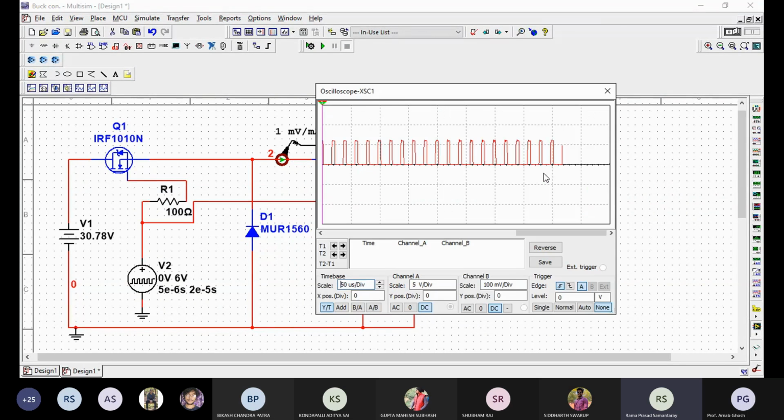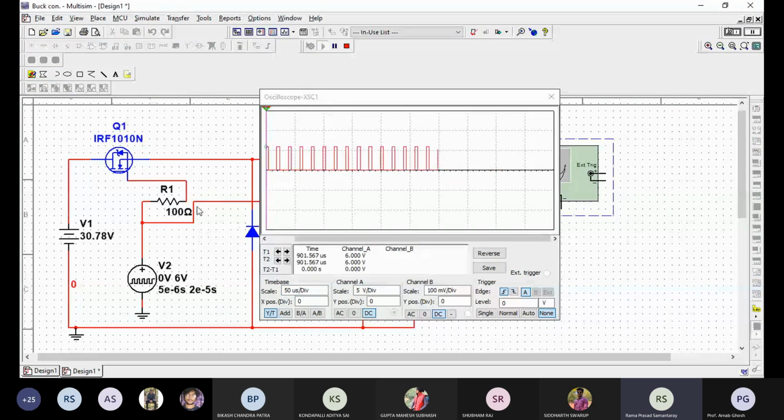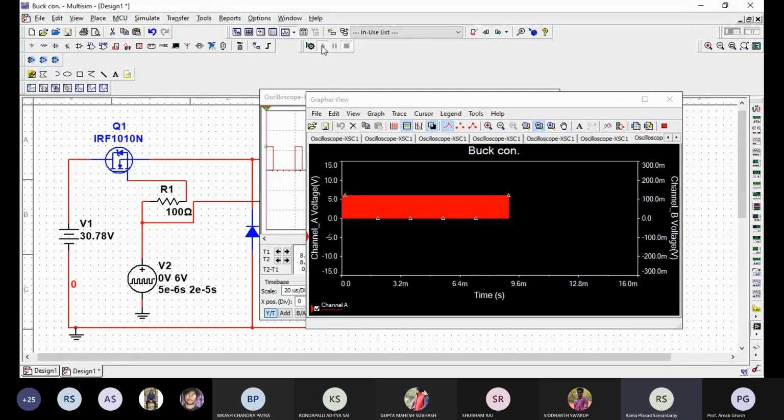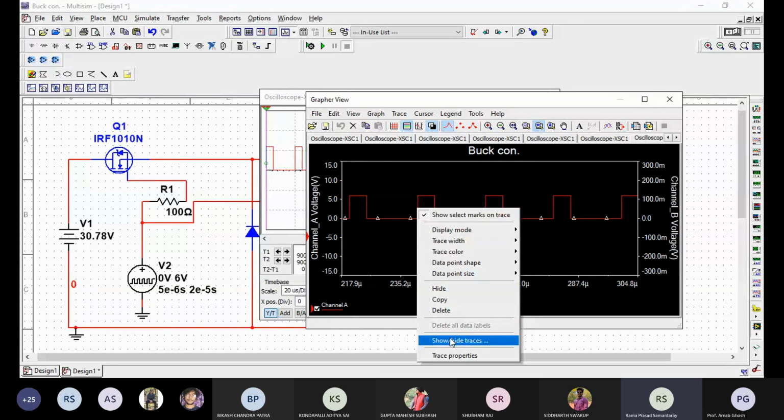Now a straight line will come, so just increase this time period, then go to graph 4. This waveform is given by this square pulse generator.